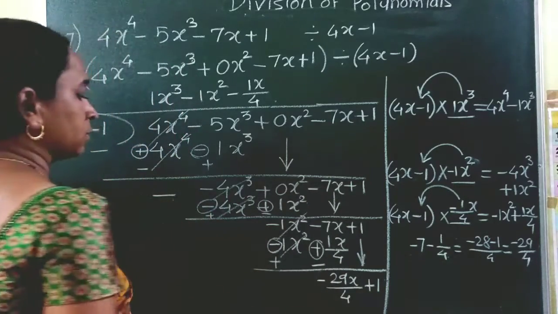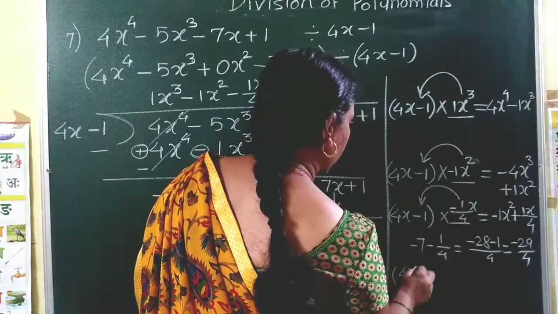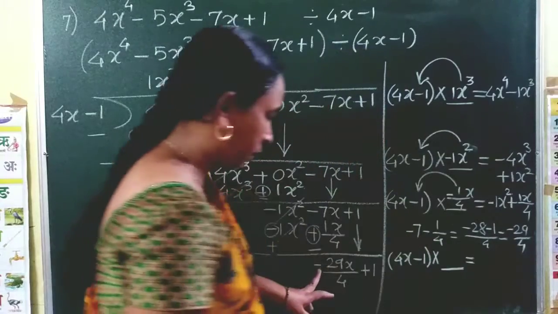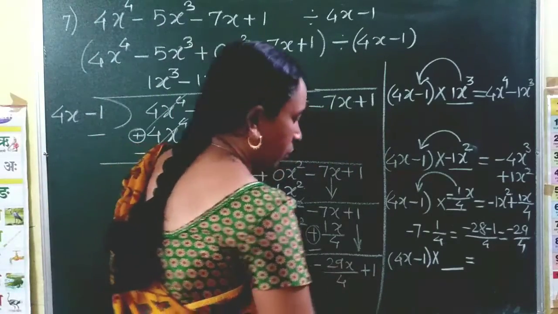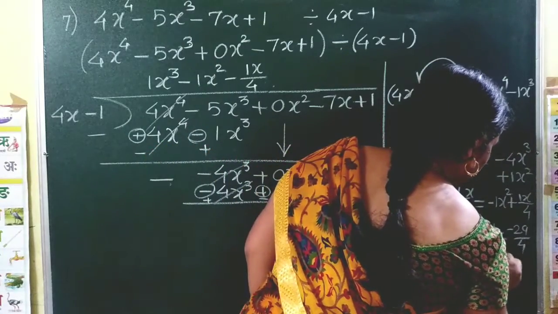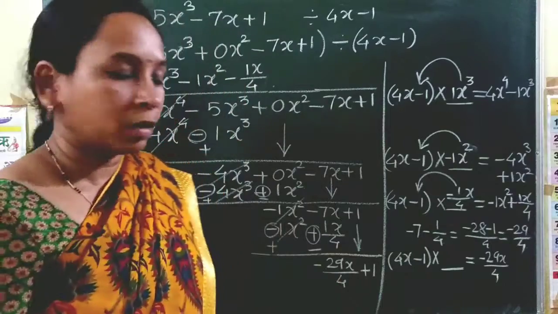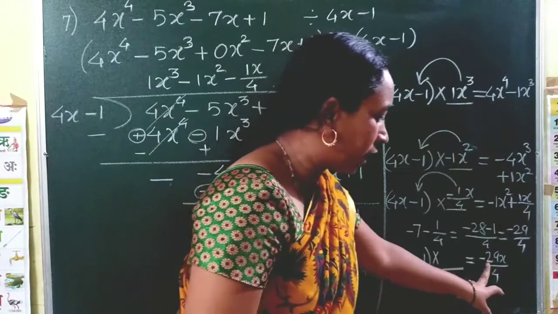Now we will think about this. We need this factor or term. So again I'll take the divisor, 4x minus 1. Multiply by which factor to get the term now, which term do you need? Minus 29x upon 4. Now just check it to balance it. First at the numerator we need minus 29.